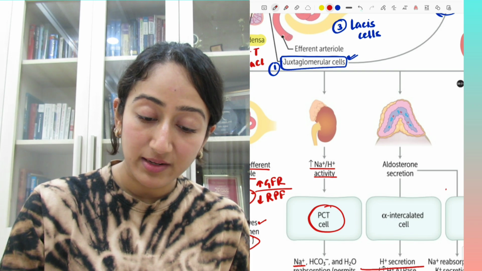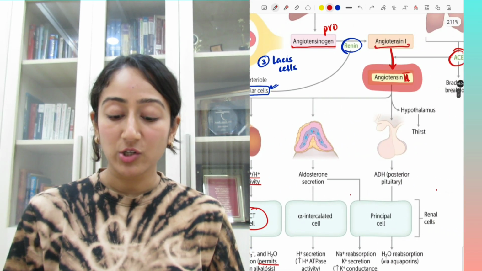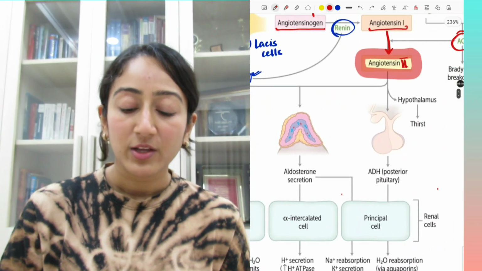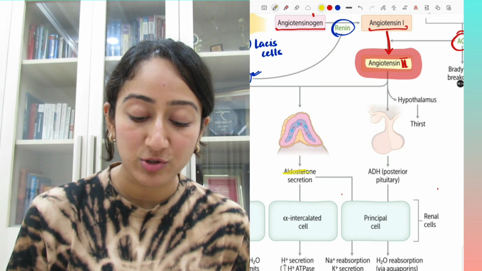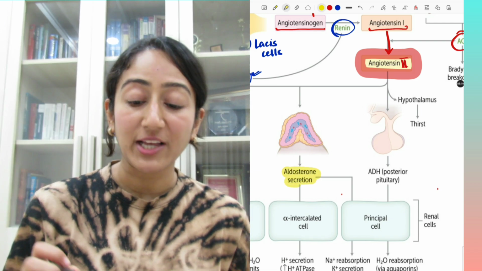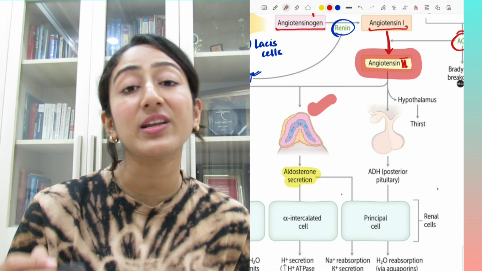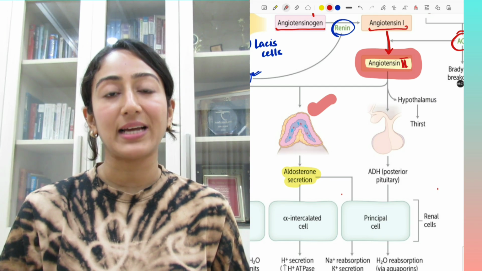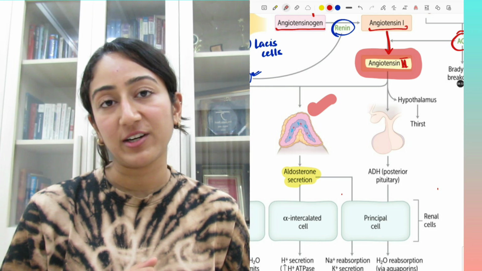Now if you remember, angiotensin 2 also has functions in your alpha intercalated cells and principal cells. How? Do you remember that we had a very important hormone in the collecting duct, which was aldosterone? So angiotensin 2 is also going to stimulate aldosterone secretion from your adrenal glands, and when aldosterone is produced, we know it acts on the collecting duct on the two cells, principal cells and alpha intercalated cells.